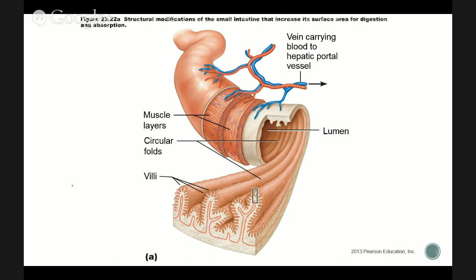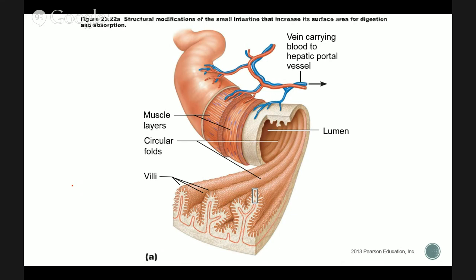And so the reason why your body has these folds and the villi and the microvilli is because you want to increase the surface area available for absorption. So it is said that if you were to take your small intestine and actually stretch it out and flatten it out so that you get full use of the surface area, it basically covers the area of a tennis court.